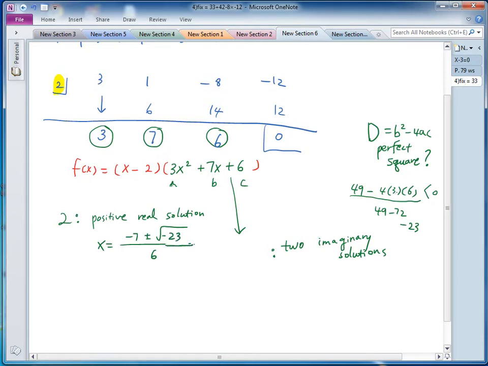That's a prime number. That's good. Better. Okay, so let's rewrite it. Negative 7. Let me separate my answer, okay? So I can write it in a plus bi form. Negative 7 over 6 plus or minus square root of 23 over 6 with i at the end. Okay?